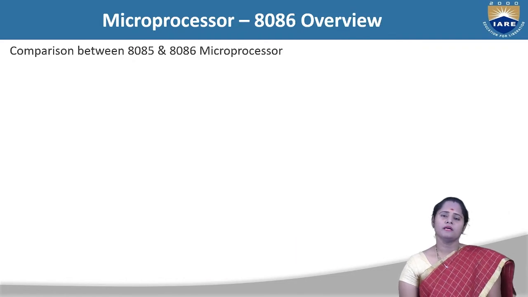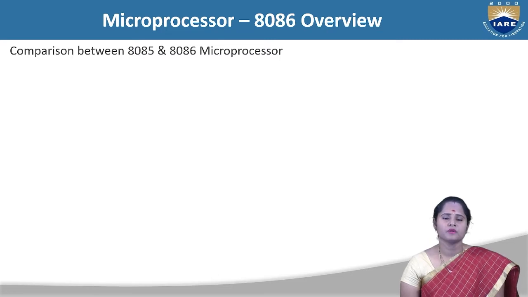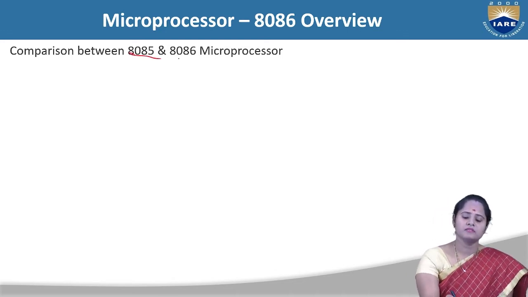So as we have seen what a microprocessor is and what the features of my microprocessor are, what is the actual difference? What comparison can you define between the 8085 and 8086?